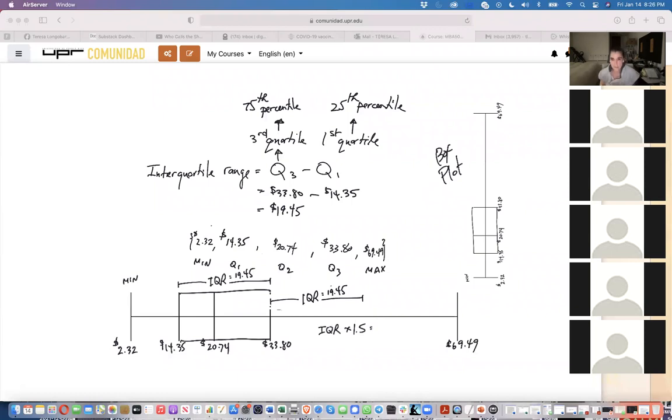How much is that? So 19.45 times 1.5. So this is actually the rule. This is called the IQR times 1.5 rule. I'll highlight it. What value do you get for that?